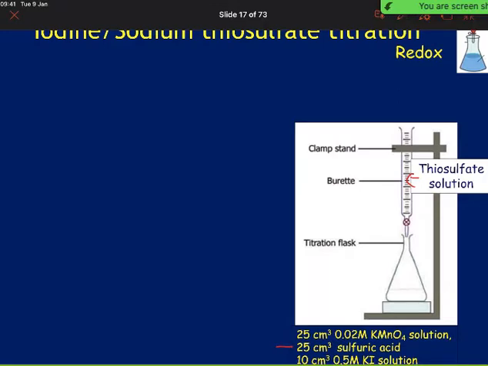So the same thing still applies as when we did the iron KMnO4. The sulfuric acid here is to ensure that the Mn7+ is going to go to Mn2+, and this KI here is in excess. It's going to make I3- with iodine to keep the iodine in solution.